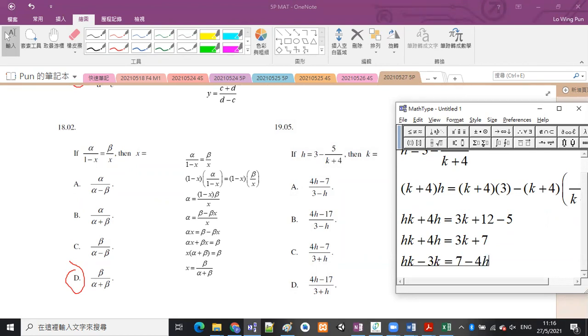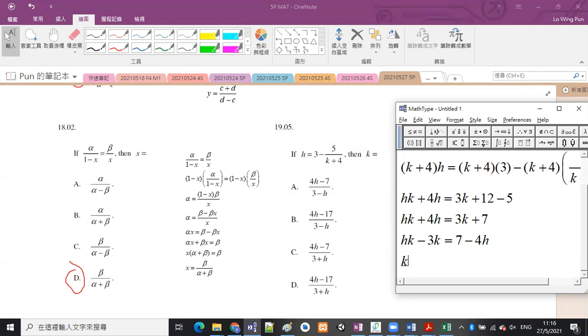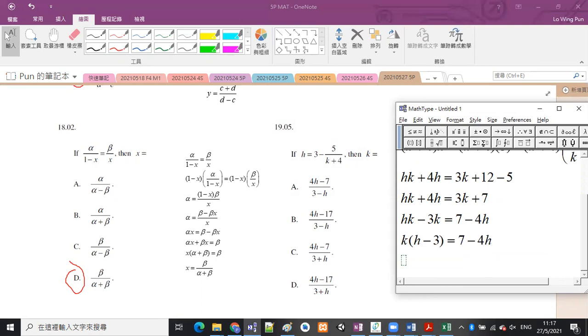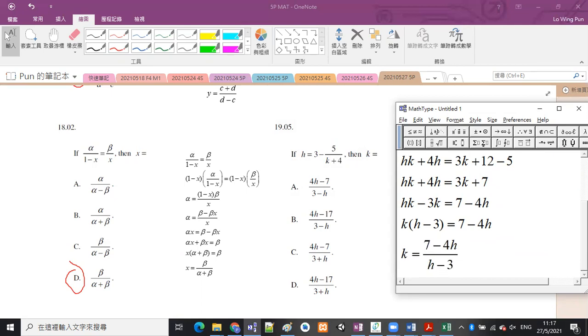And then I take out the subject, this h minus 3 is equal to 7 minus 4h. That is not wrong. And I divide the h minus 3 to the right hand side. That is not wrong. But I cannot get the answer. Why is it like this?